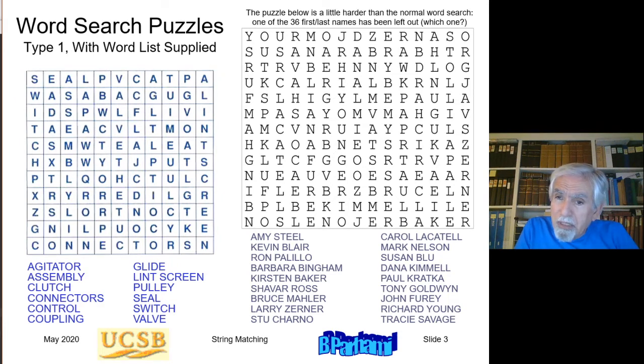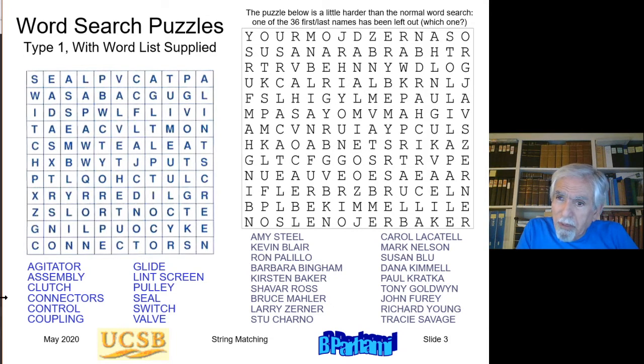So there are 8 possible directions: left to right, right to left, top to bottom, bottom to top, diagonally, inverse diagonally, anti-diagonally, or inverse anti-diagonal. Okay? So you need to look for these.